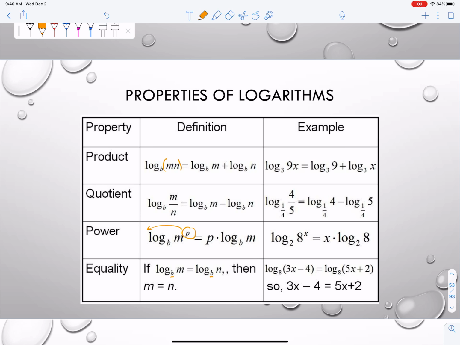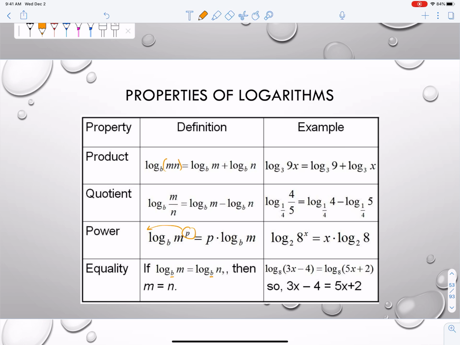When I have sums and differences of logs and I want to condense, assuming they all have the same base, anything that was positive goes to the numerator as a product. Anything that was negative goes into the denominator as a product.